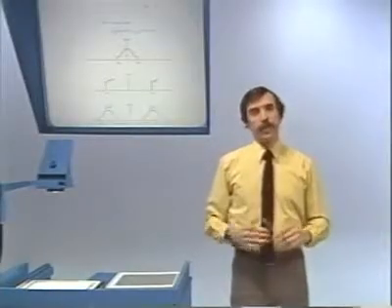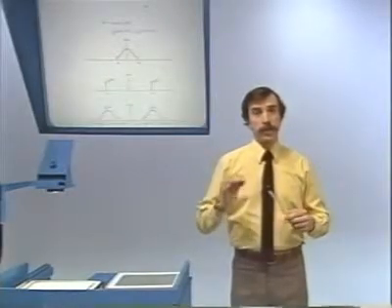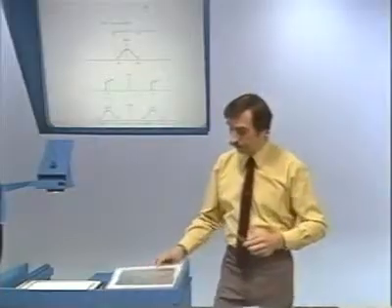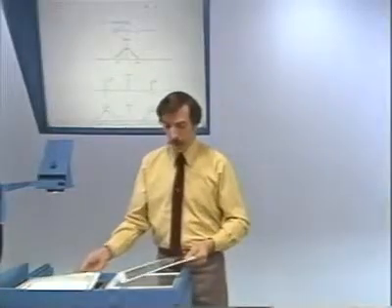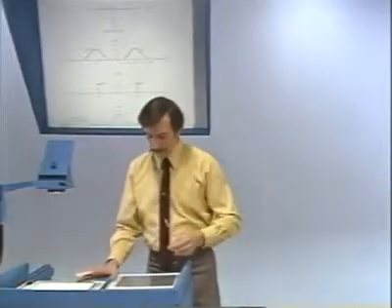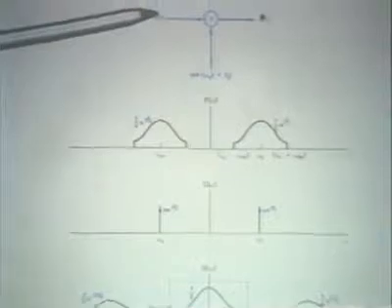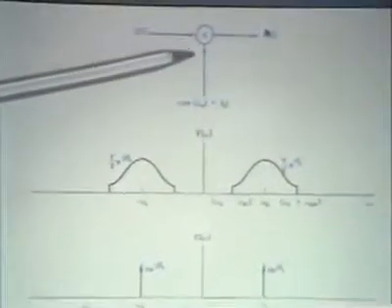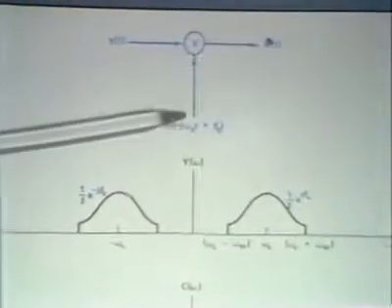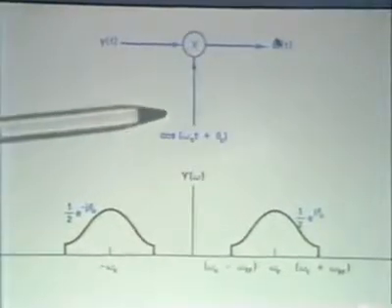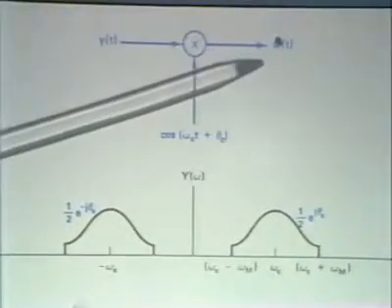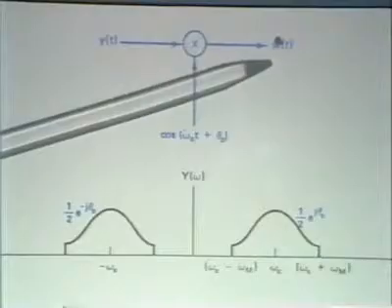Let's see what happens if we attempt to demodulate by again multiplying by the same sinusoidal carrier. So let's examine what happens if we now take our modulated signal and again modulate it onto the same sinusoidal carrier to generate the output w of t.